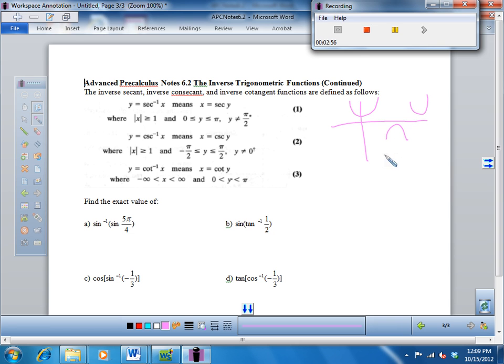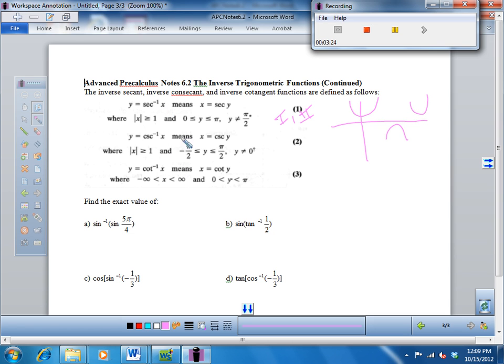So the domain for inverse secant has to be bigger than 1 or less than -1. Okay, that's what that means. And you look for the answers for inverse secant in quadrants 1 and 2. We'll try to find a clever way to remember these. But inverse secant and cosine go together, right? So you look for them in the same quadrants.